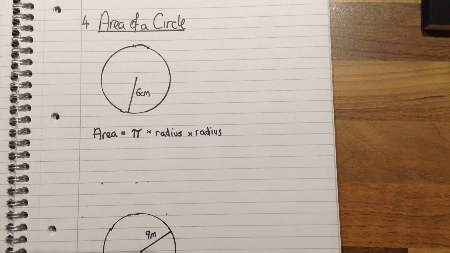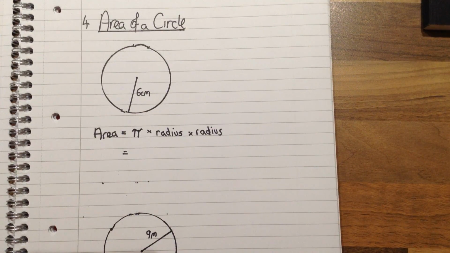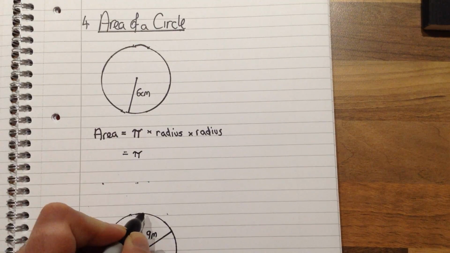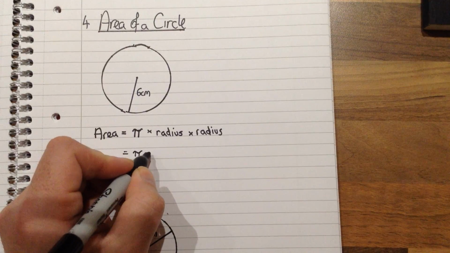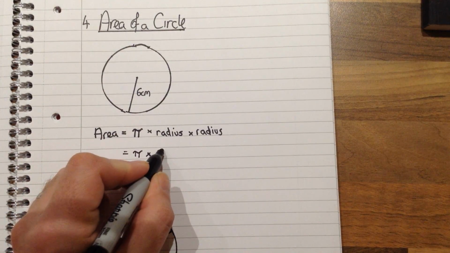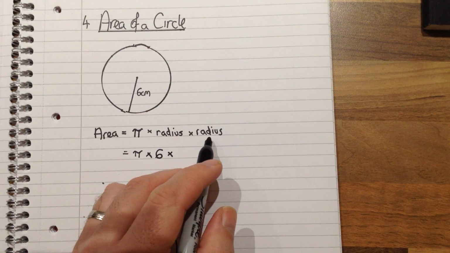So for this example, what we would do is we would take our calculators, and also make sure you're writing it in your book as well, and we are going to type into the calculator pi, so there should be a little button on your calculator that has that symbol, times by the radius, so in this example that's 6, times by, and then the radius again.